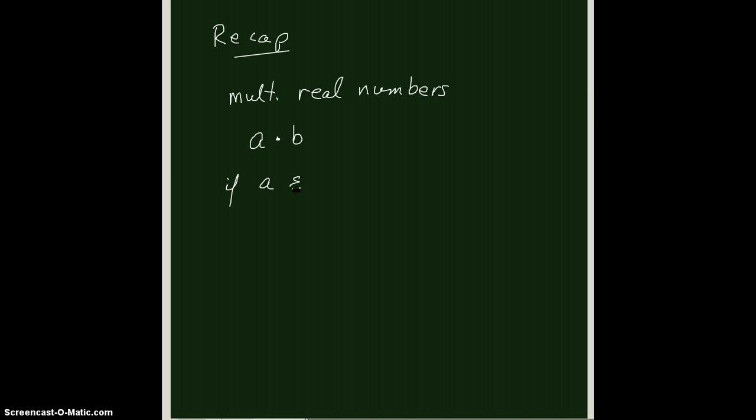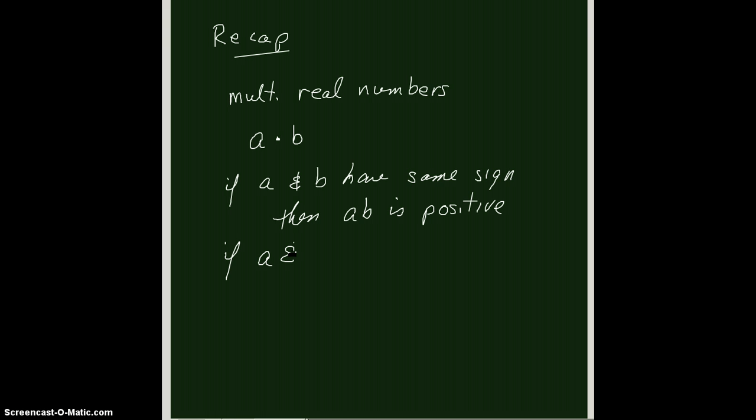If a and b have the same sign, both positive or both negative, then a times b is positive. If a and b have different signs, in other words, one is positive and the other is negative, then a times b, which I'll write just ab, is going to be negative.